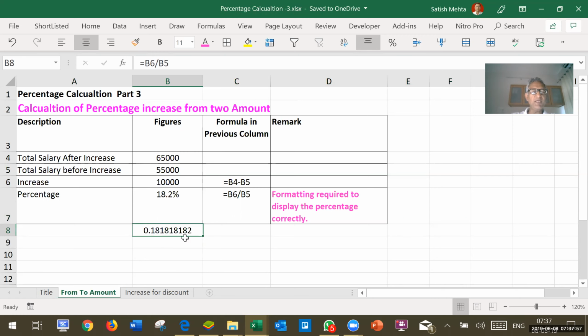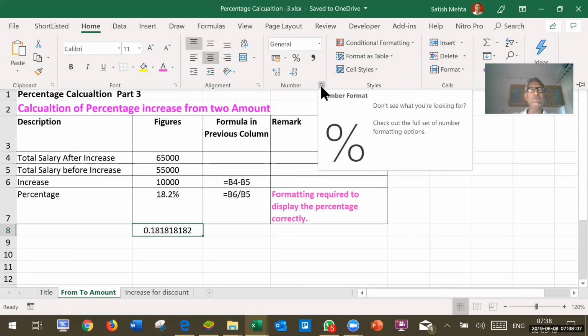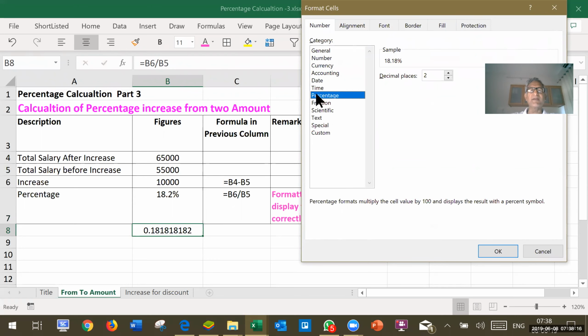So for doing it, I have to format it by going to Home and this number formatting part. I am clicking here on this down arrow. So it gives me the entire formatting box. And here there is a percentage. I am clicking on it. I want to show only one decimal point.